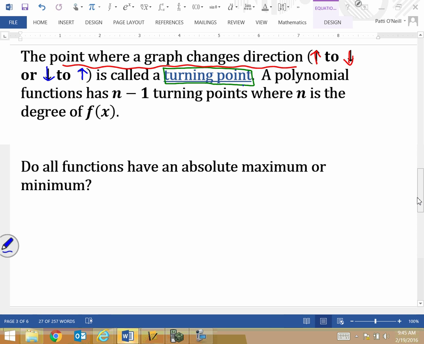A polynomial function has n minus 1 turning points, where n is the degree of f of x. That means that if I gave you f of x equals x to the 5th minus 6x squared plus 7, we have at most 4 turning points in this graph.